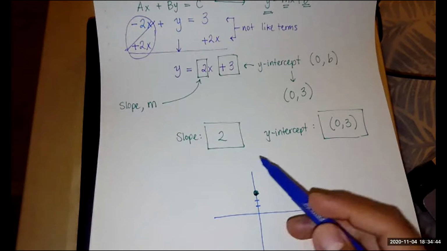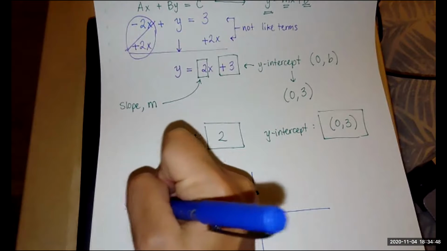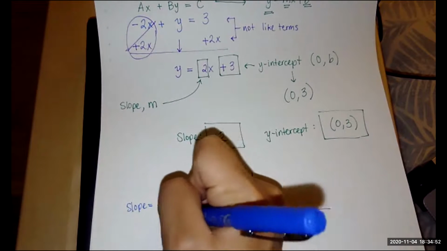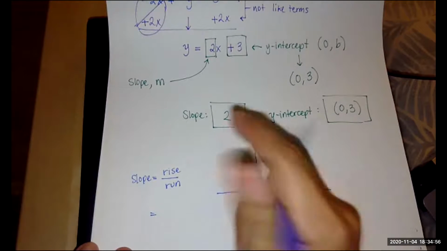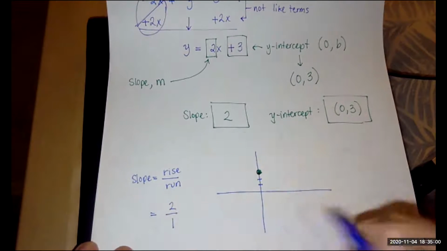And then the slope, if you briefly remember what we were talking about last time about slope, we're going to cover that again here in a bit. Slope is the same thing as rise over run. So if I have a slope of 2, I can write that as a fraction as 2 over 1.